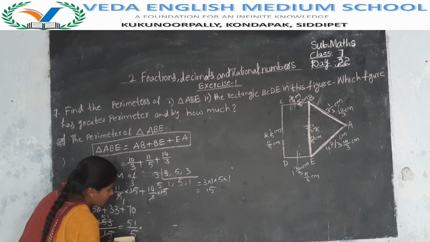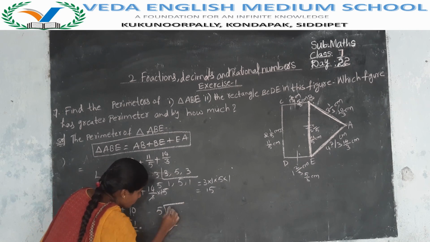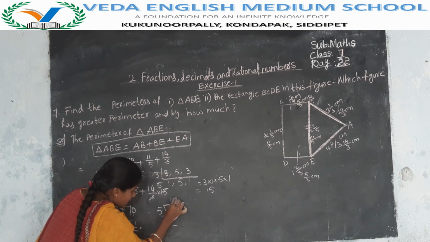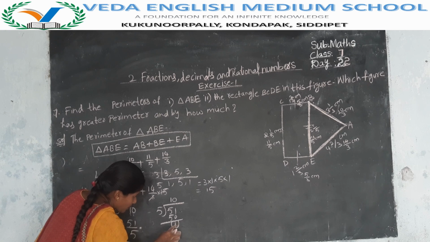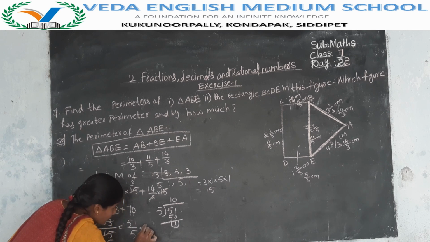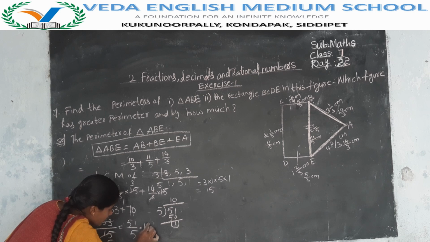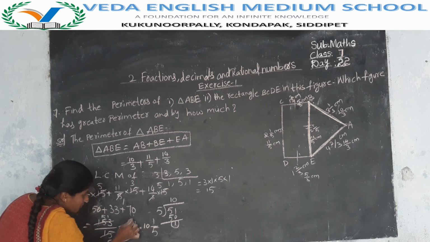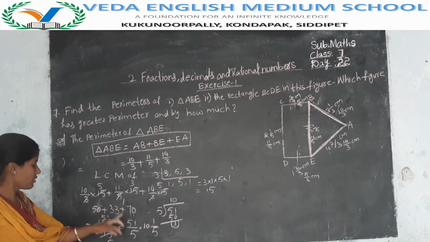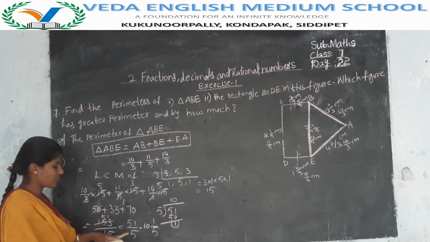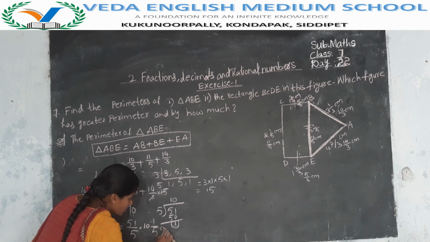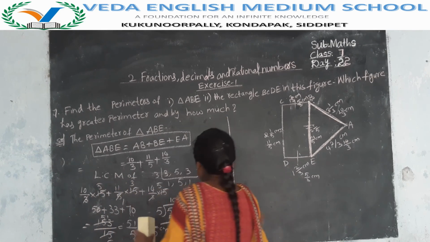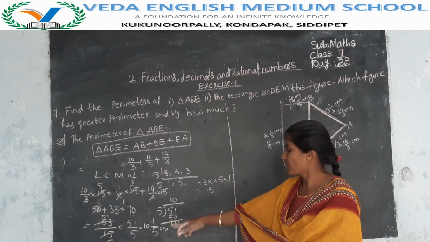Write the division also. 5 tens are 50, 50 plus 1, 51. 51 by 5. For the triangle, we got a perimeter of 51 by 5. We have converted this 51 by 5 into a mixed fraction. Then we got 10 and 1 by 5 centimeters. For the perimeter of the triangle, we got 51 by 5.